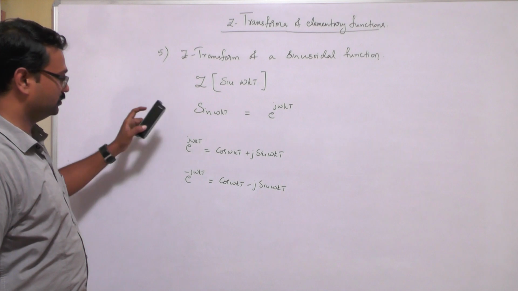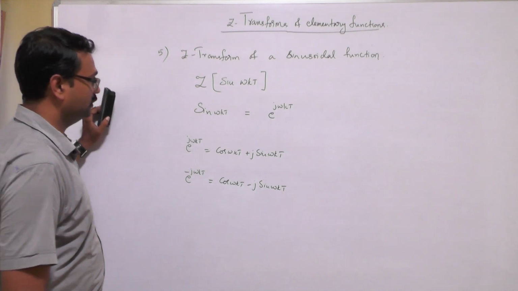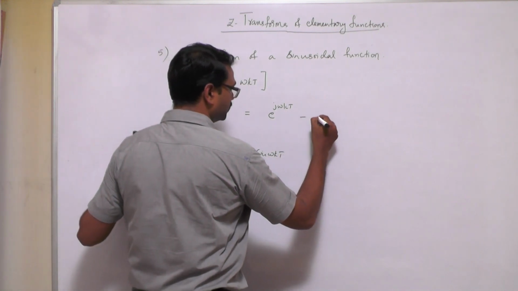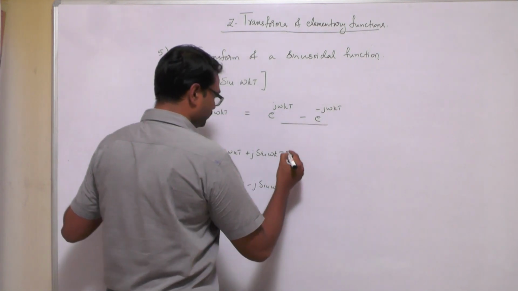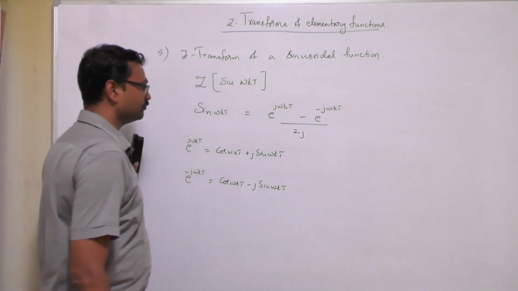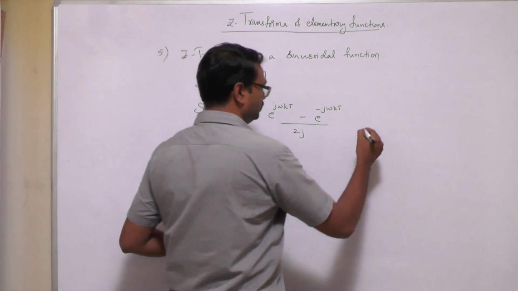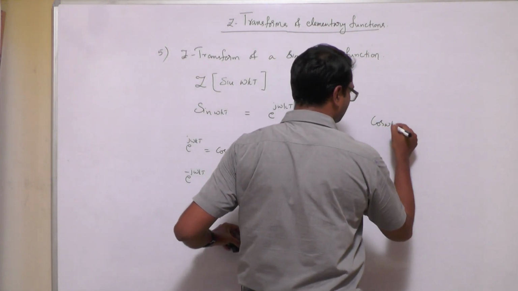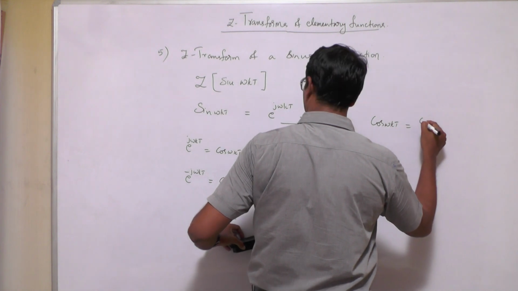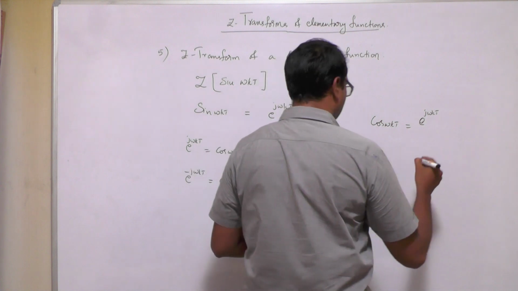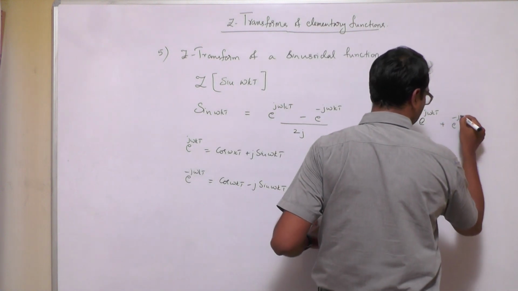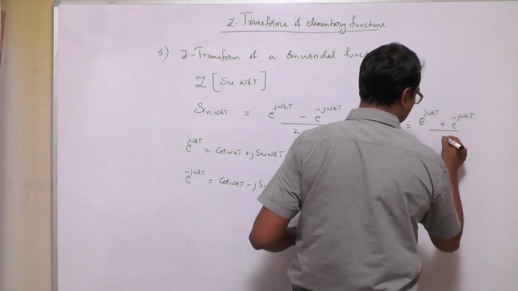Now when you want to get sin omega kt, you can write e power j omega kt minus e power minus j omega kt by 2j, and similarly cos omega kt is equal to e power j omega kt plus e power minus j omega kt by 2.